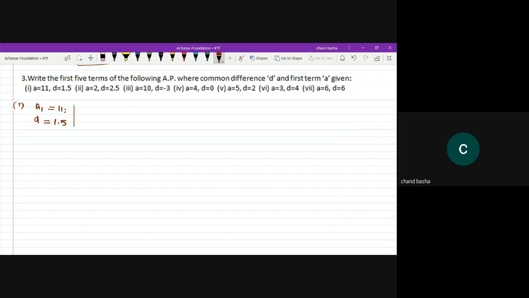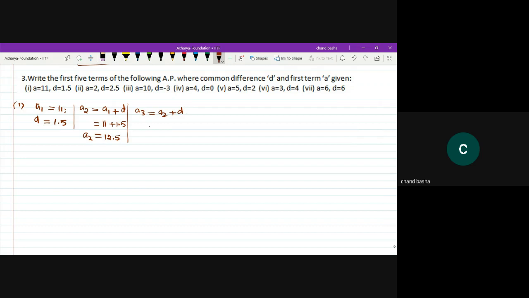Now what he's asking, A2 is equal to, what is the formula? Is it A1 plus D or not? The previous value plus D is equal to A1 value 11 plus 1.5 is equal to 12.5. A2 value. Similarly, if I'm finding A3, it is equal to A2 plus D. One fixed constant must be added to the preceding values, that is the previous values.